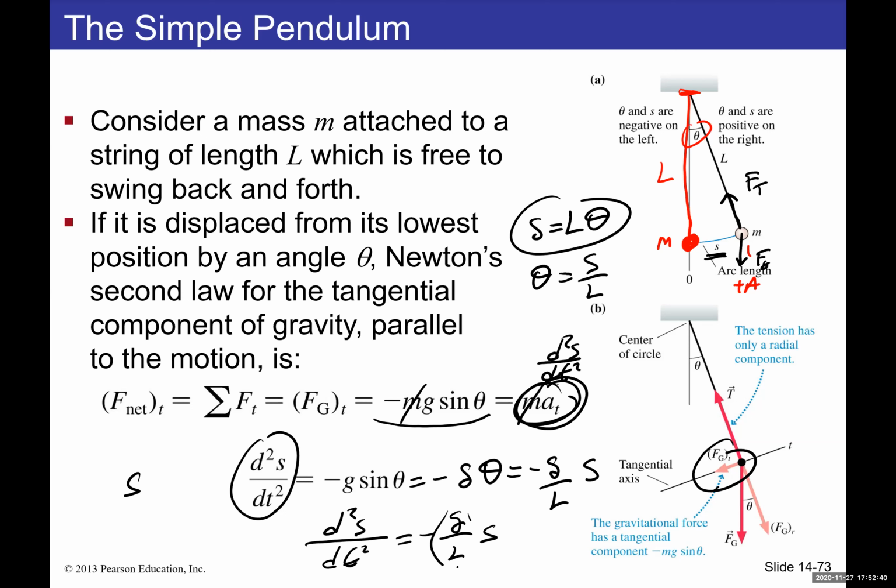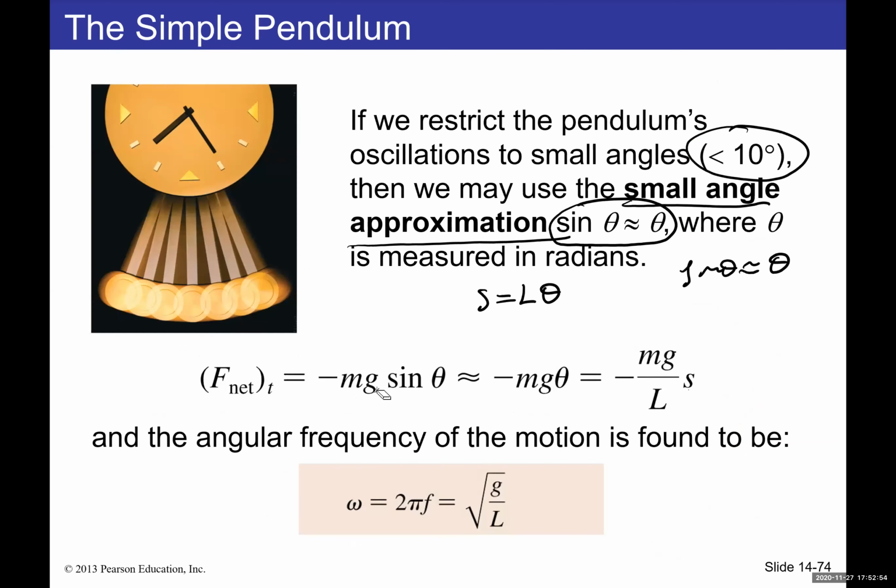And you can see, right, g over L is the proportionality constant. And then what I have here is some function s. I take the derivative twice, and I come back to the same function with a negative sign and times some constant. And that's what we have. So that constant here, remember, so this is equal to, let's say, d squared s dt squared times m.